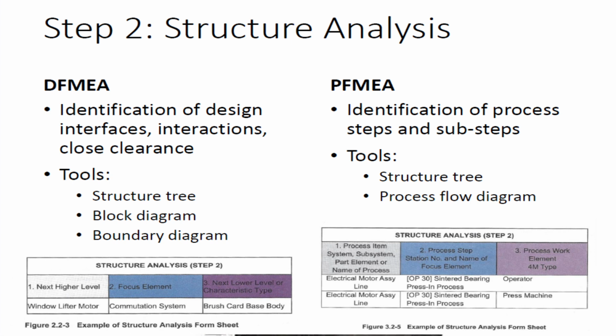And when we are talking about process FMEA, we are talking about the structure tree or the process flow diagram as an input, and by using that we can identify what is a process step, what are the process items, and lastly the process work element, which is about the 6M.